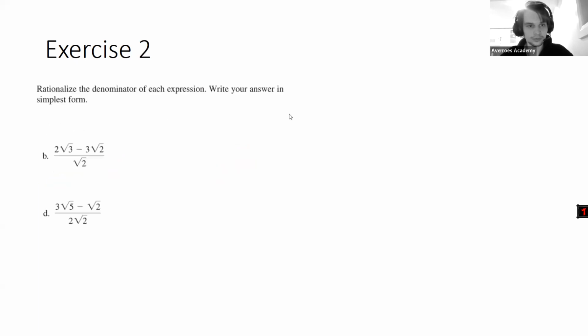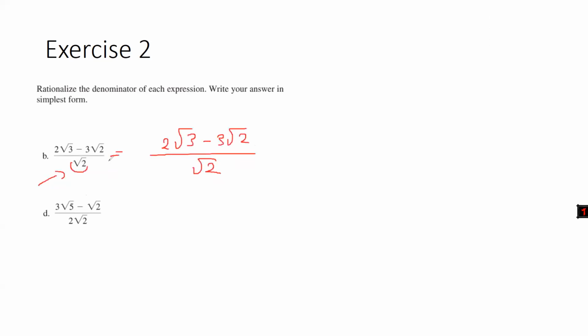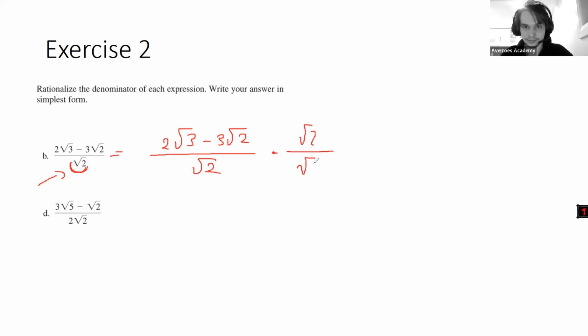So yeah, this one, right? Here I can see that I have a radical, square root of 2, and I only need to simplify it. So I choose to multiply both numerator and denominator by square root of 2. Here the numerator is not going to change a lot. I'm not even going to add brackets because there is something we can simplify here.